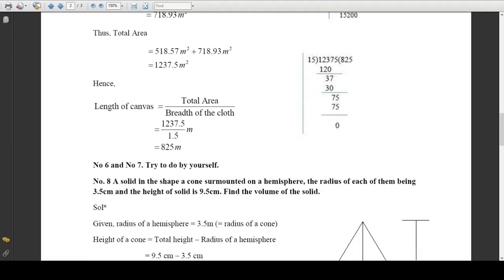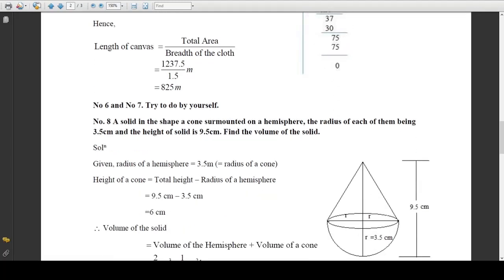Now for problems number 6 and 7, you try to do it by yourself. They are similar to the problem that we have just discussed. And now we'll move to the next number, which is number 8. A solid in the shape of a cone surmounted on a hemisphere.